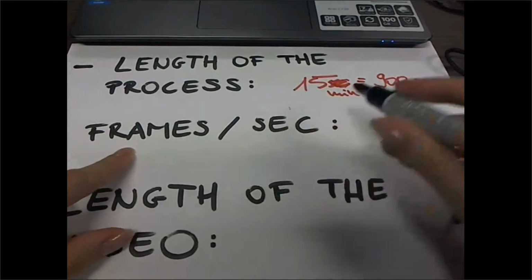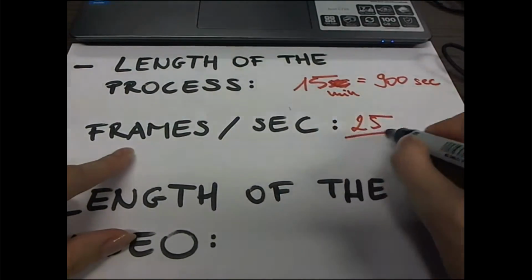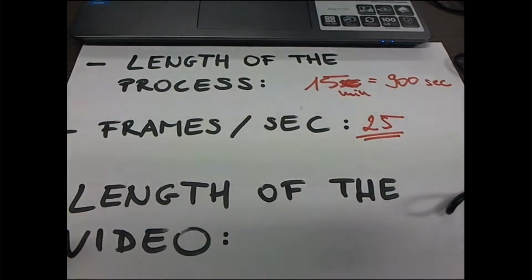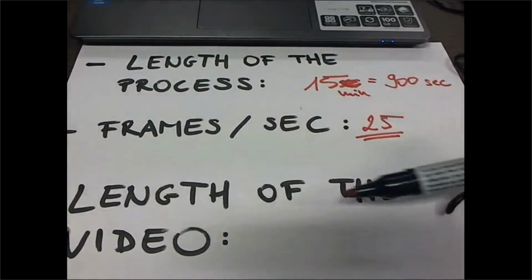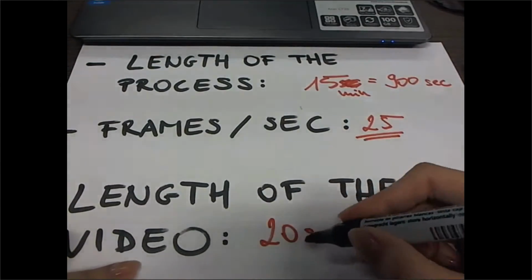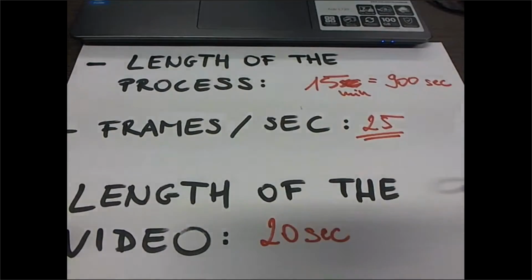The frames per second is 25. This is a number that is worth memorizing. And the last thing, the length of the video that you would like to get, let's say we would like to get a 20 seconds long video.